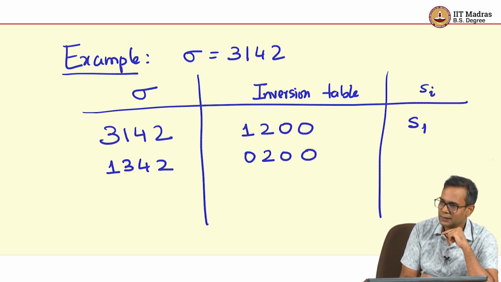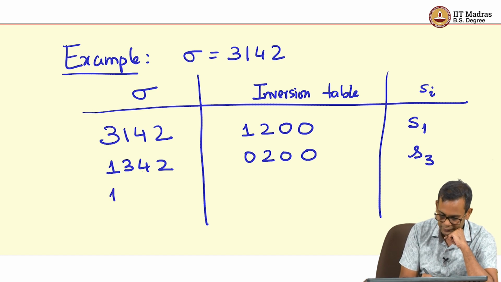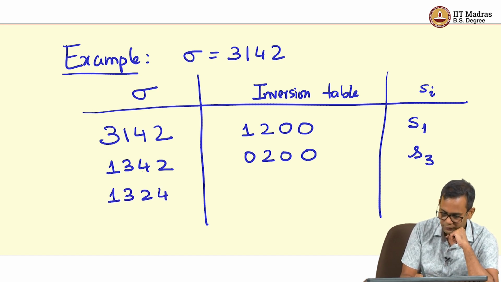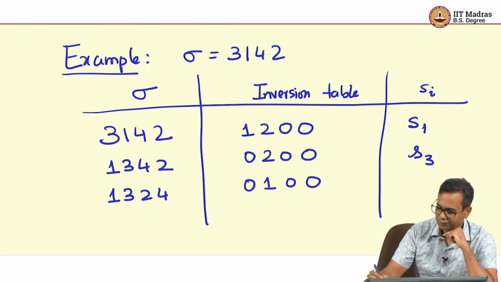Then let us look for a descent. There is no descent at the first position, there is no descent at the second position, there is a descent between the third and fourth entries. So, 4 2. So, we need to apply S3 here, and what we get is 1 3 2 4. We have reduced one of the inversions again, the inversions involving 2 have reduced, and this has become 0 1 0 0. Now let us look for a descent.